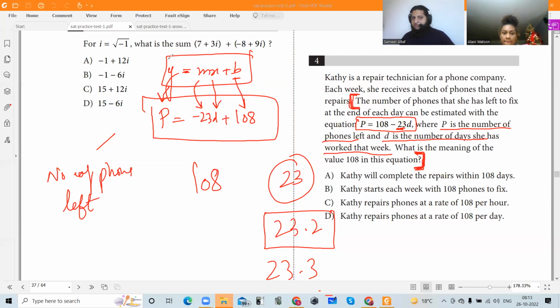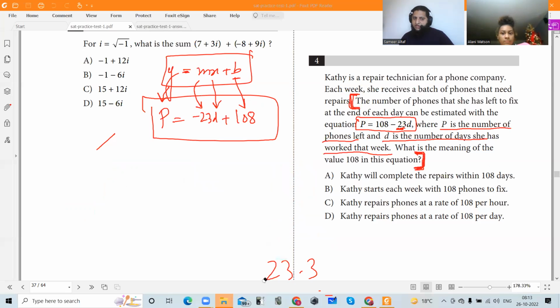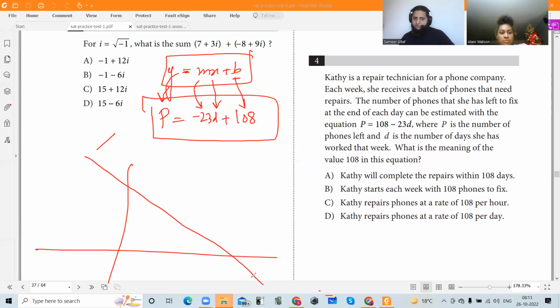Because this also gives you information here. If you have the y equals mx plus b form, doesn't that mean this point here is the y-intercept? And if this is the y-intercept, it'll be represented by b, right?